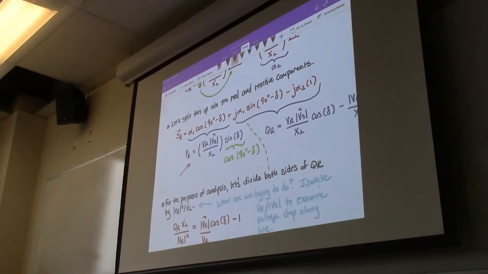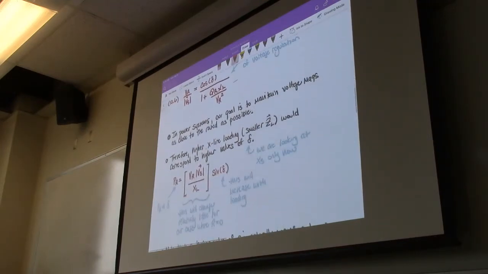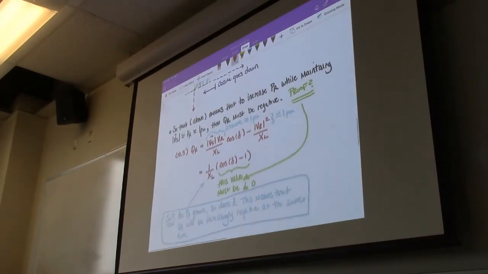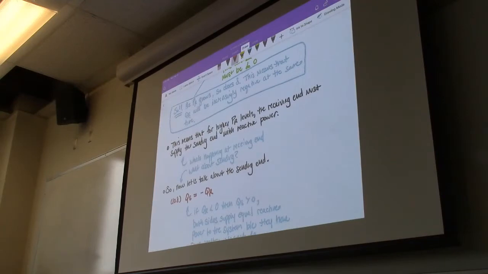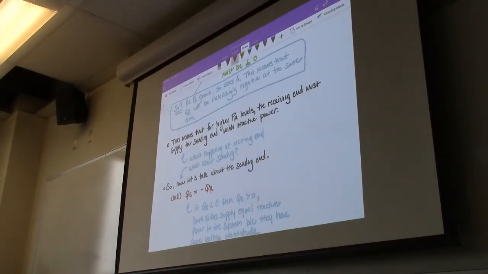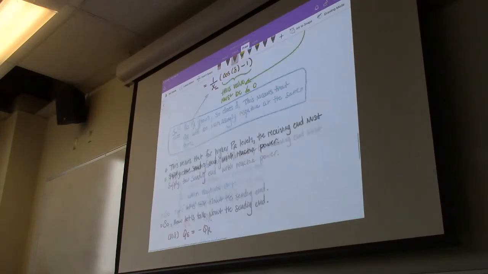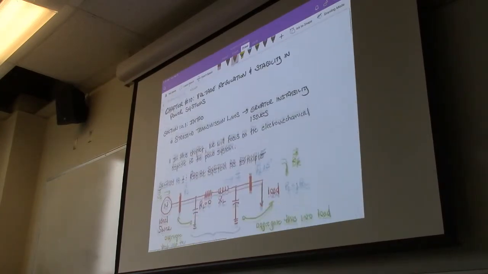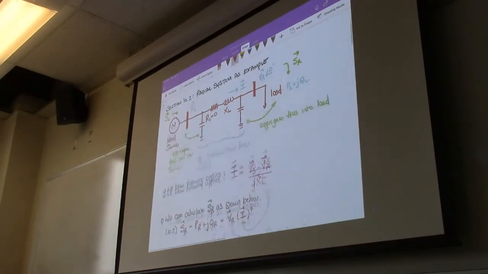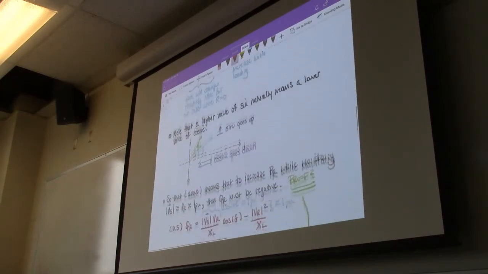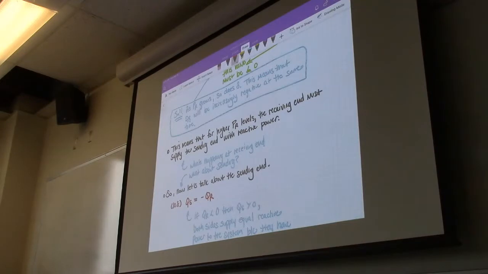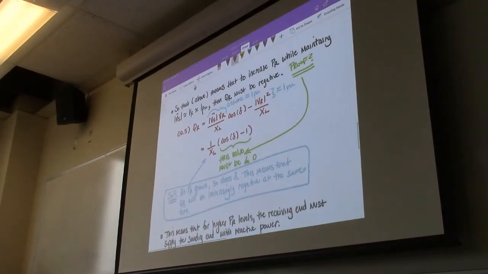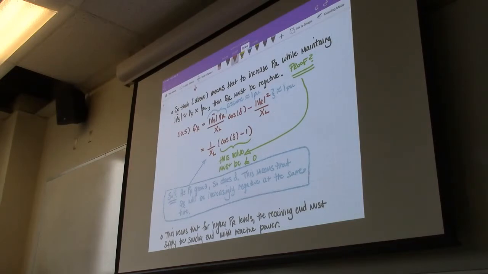And so what we were doing last time was essentially just analyzing this system, applying some KVL, some Ohm's law, and what we saw was that for this case, there's going to be this relationship where for higher levels of PR, okay, so if there's more power being received at the secondary end of the line, the receiving end must supply the sending end with more reactive power, and that's because we're assuming that the voltage magnitudes at both ends are going to remain at 1.0.